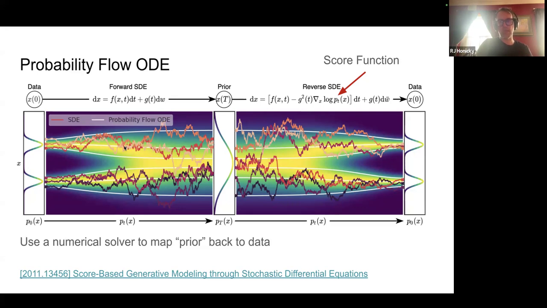And then this probability flow ODE is a deterministic version that looks at the maximum likelihood path if I started at that trajectory. The easiest one to see is this bottom white one. It's saying, I started here, what is the maximum likelihood path for me to get to somewhere in this middle area?